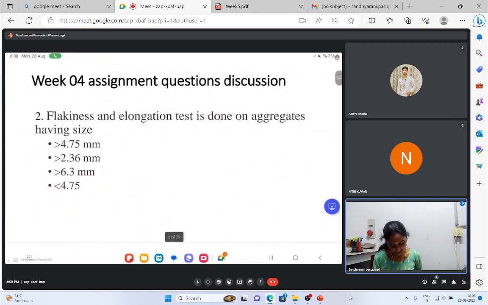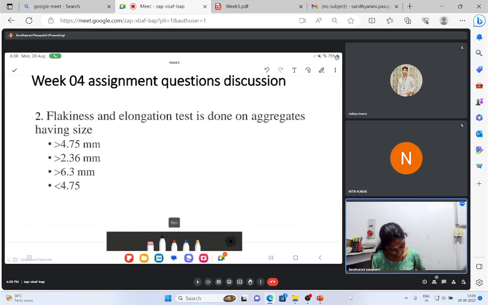The second question: flakiness and elongation tests are done on aggregates having which size? If you remember our thickness gauge and elongation gauge, the sizes were 63, 50, and so on, down to the smallest size, which is 6.3 mm.